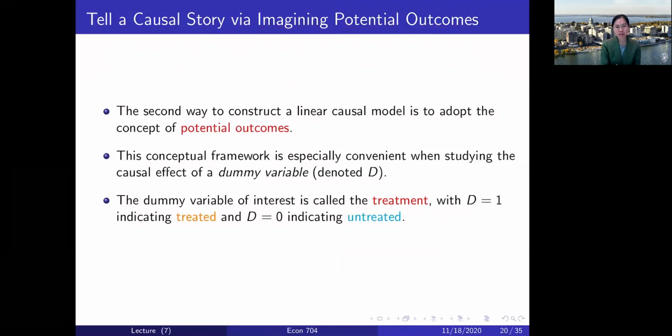And this potential outcomes framework can be applied more generally, but is especially convenient when you're studying the causal effect of a dummy variable, say denoted by D. The dummy variable of interest in this context is often called the treatment. So D equals 1 indicates the person is treated, and D equals 0 indicates that the person is untreated, not treated.